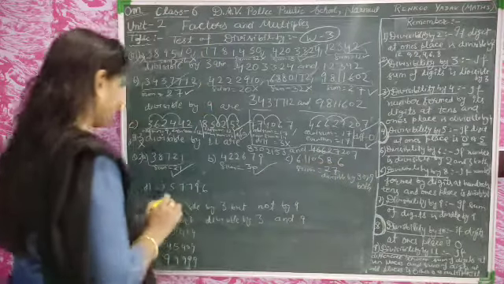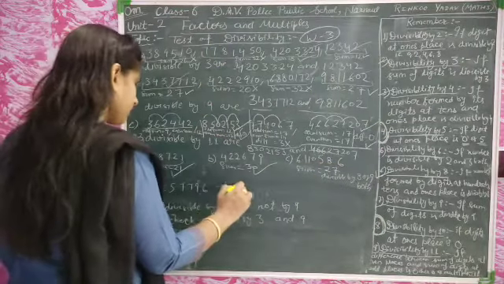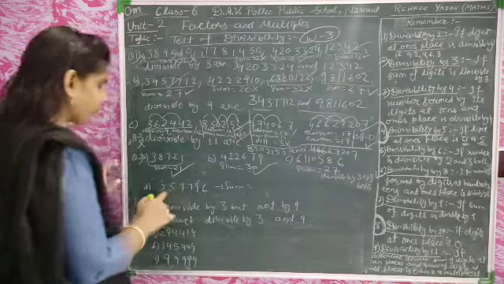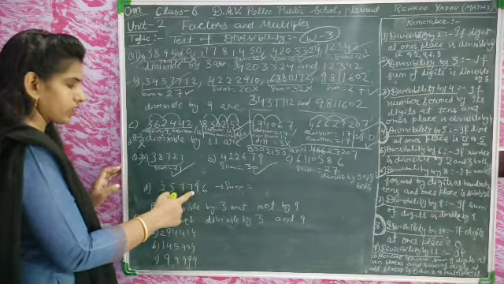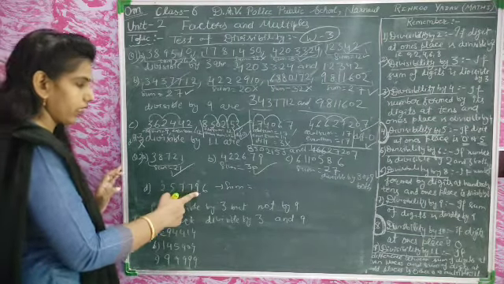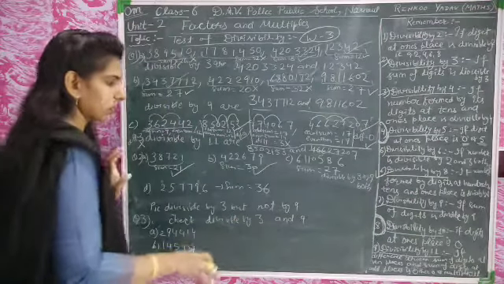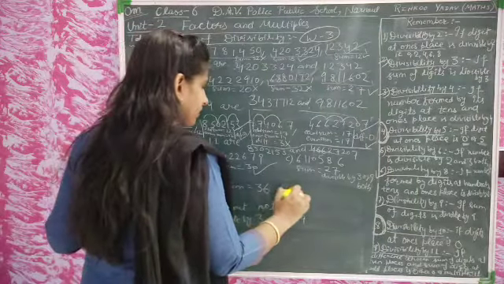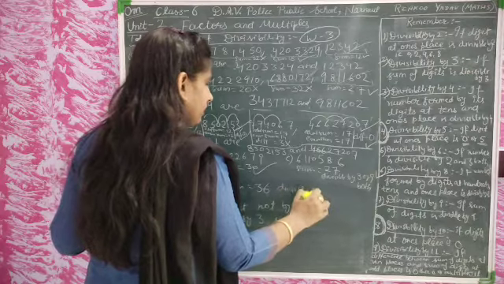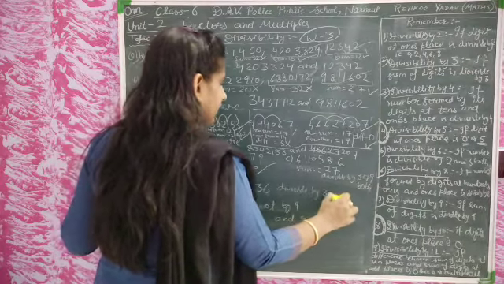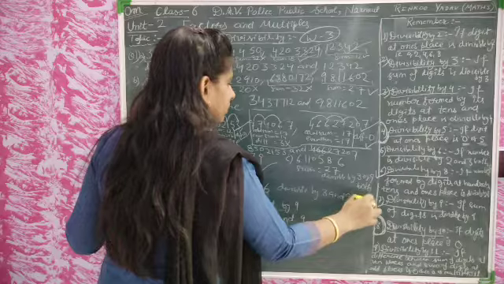So this is not the number. Sum is 5, 2, 5, 7, 7, 7, 14, 14, 7, 21, 21 and 9, 30, 36. They are divisible by 9 and 3 both.